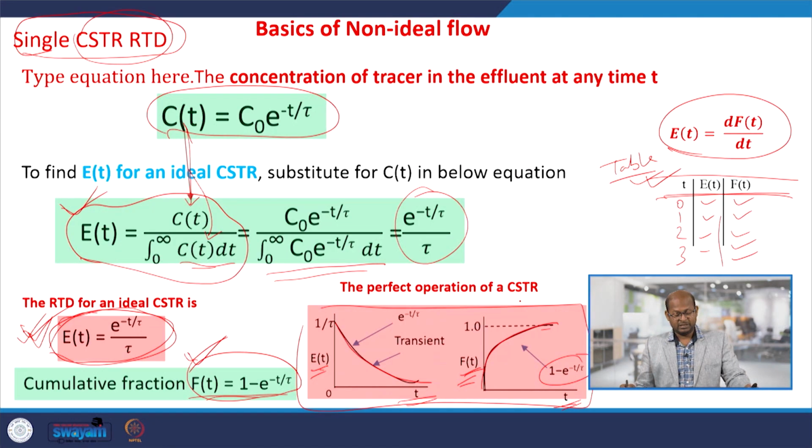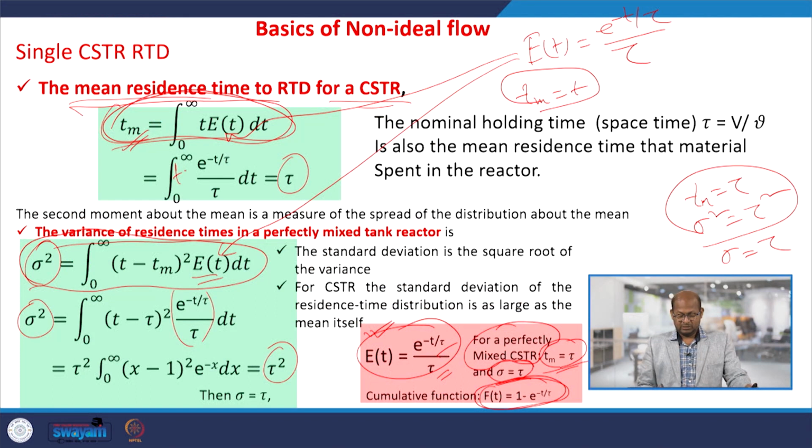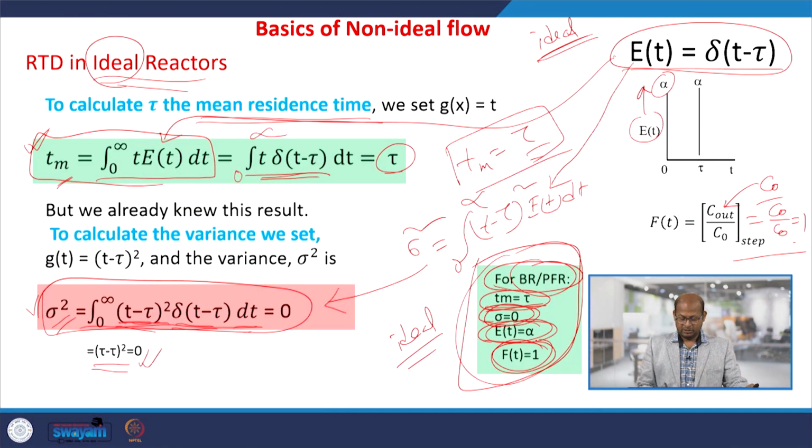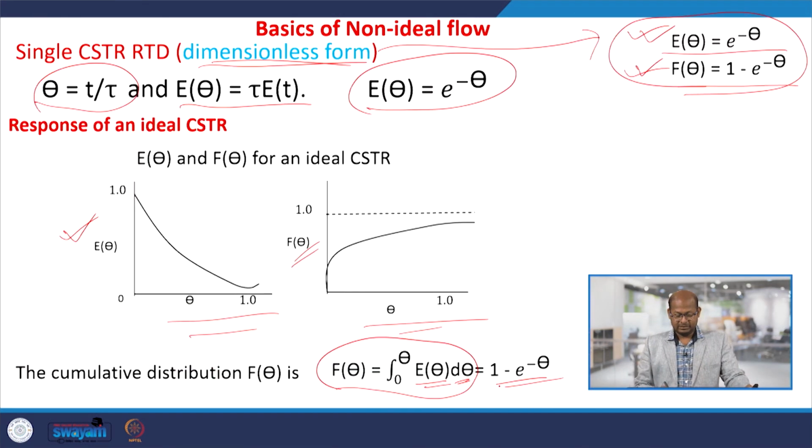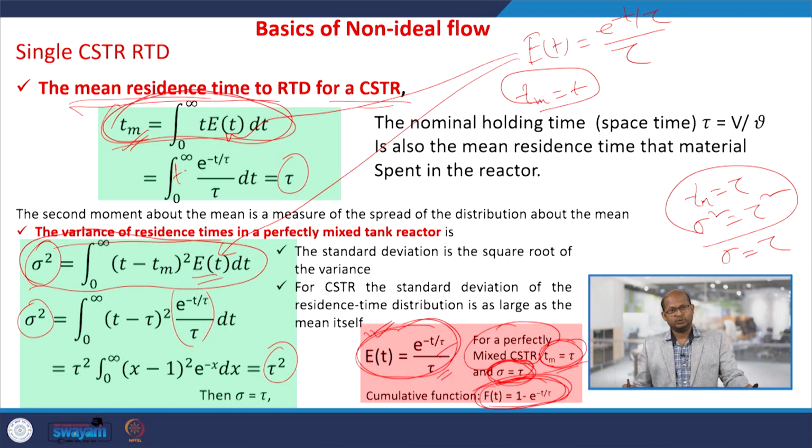For CSTR reactors, T_m equals tau, which is common in both cases, but sigma equals tau whereas there sigma was 0, and here E(t) equals e to the power minus t by tau, whereas for batch or perfect plug flow reactors E(t) was infinite and F(t) was 1. Here F(t) equals 1 minus e to the power minus t by tau.